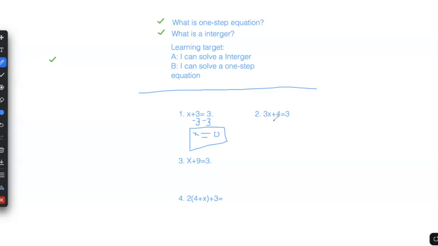We're gonna do that on our next video, but we want to be sure that we know what to do. So subtract 4. When we subtract 4, 3 minus 4 will give you 3x equal to -1.